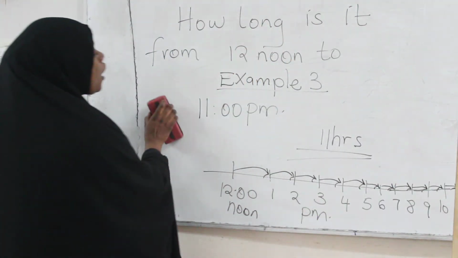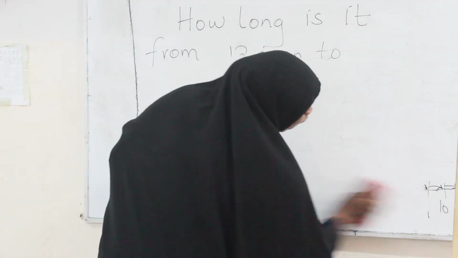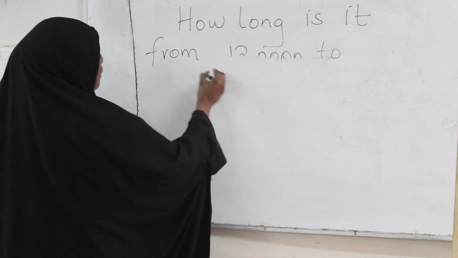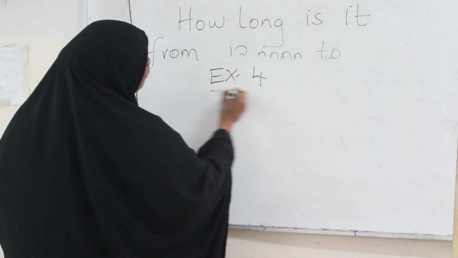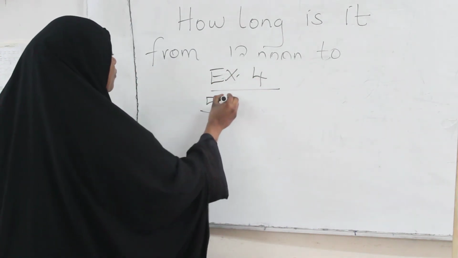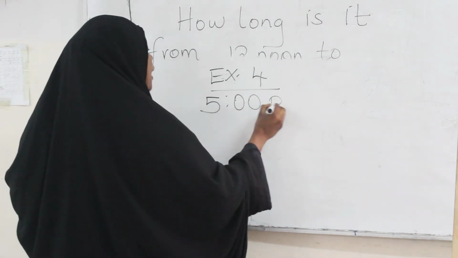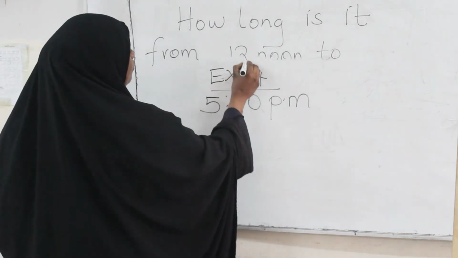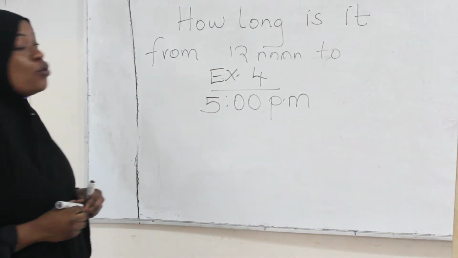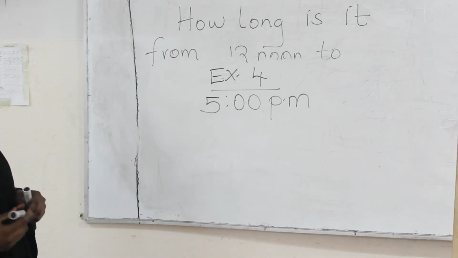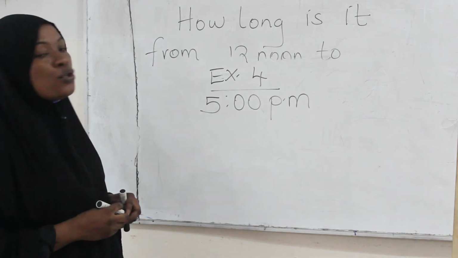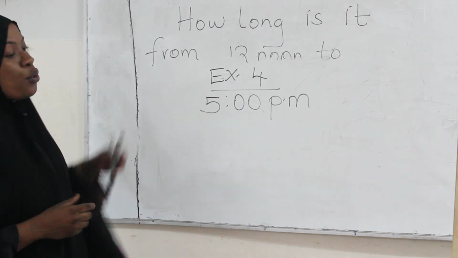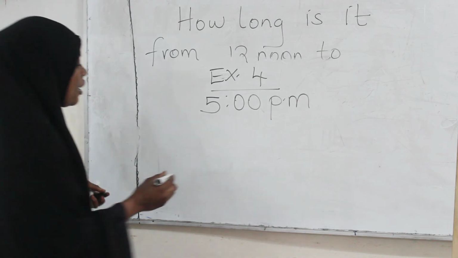In example 4, we have 5 p.m., past midday. So we are starting from 12 noon. The question still remains: how long is it from 12 noon to 5 p.m.? When looking for the duration, let's use the timeline.